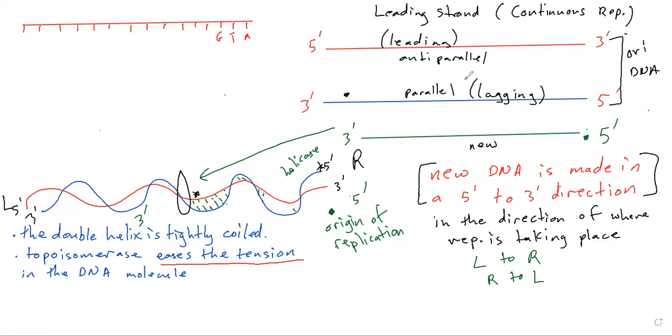DNA polymerase 3 is going to add the complementary base. So if you have A here, you would put down T, then A, and then C. And that is how this new strand will be made, and it will just continue along until it is completed.